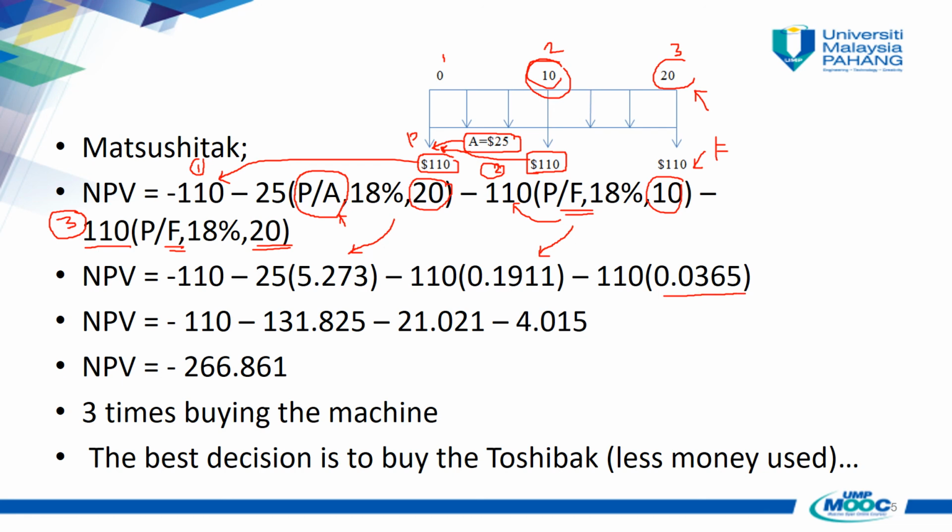Okay, and then we compile all of this information to become one single value. We got 266.86, with 3 times buying the machine. So because of this value, we will see that the best decision is to buy the Toshiba machinery.